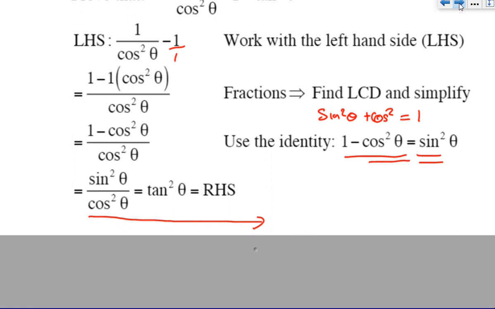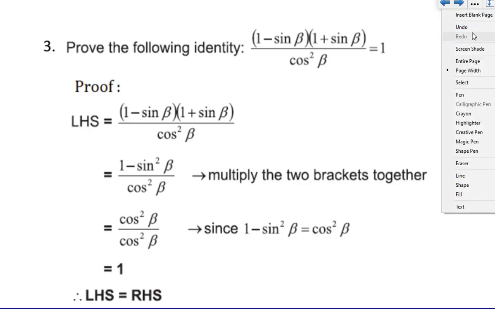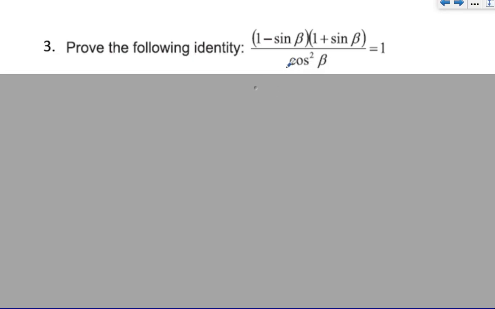Let's examine another example. A little bit challenging, a little bit confusing, but we're going to do it step by step. So we want to prove that 1 minus sine beta into 1 plus sine beta over cos squared beta is equal to 1. Now this is very, very interesting. Let us examine something here.